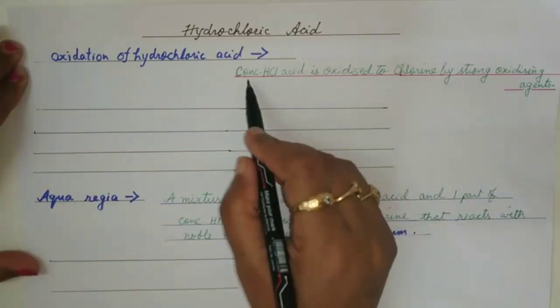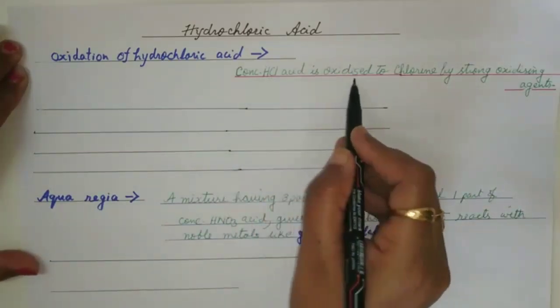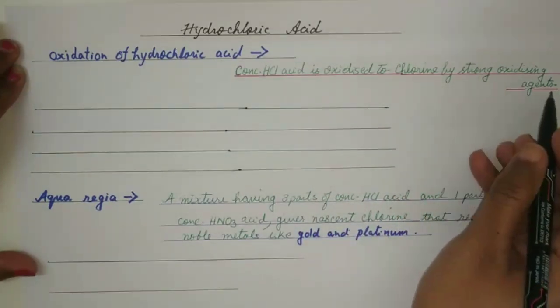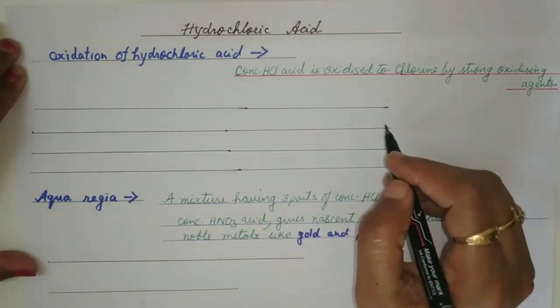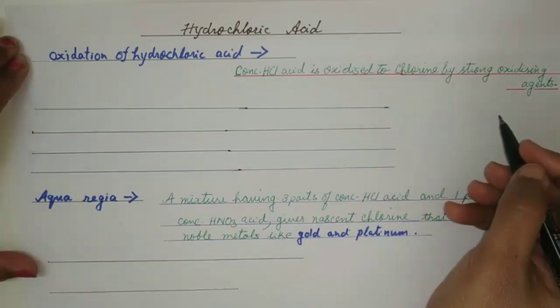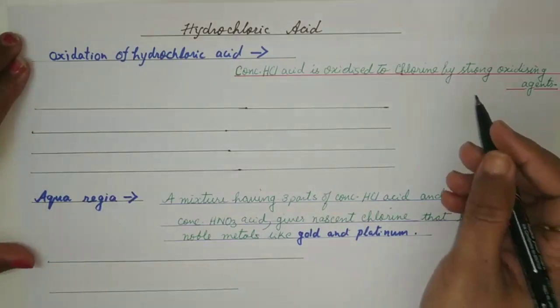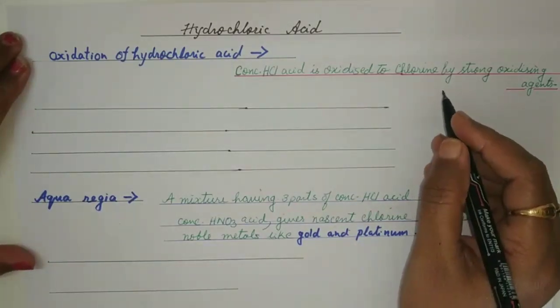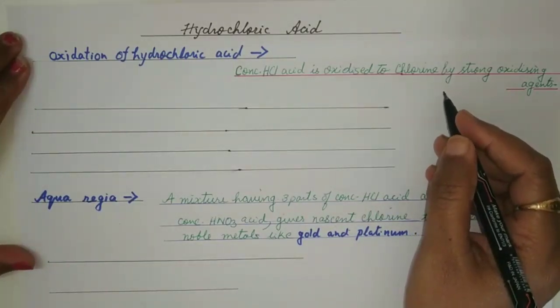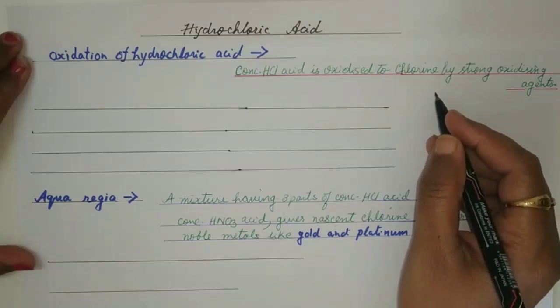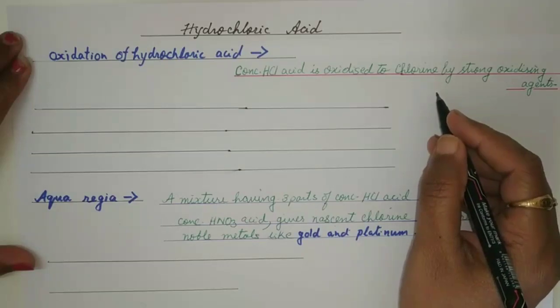So conc HCl can be oxidized to release chlorine gas by strong oxidizing agents, giving you salt and water also. Some of the oxidizing agents are manganese oxide, lead oxide, red lead, that is Pb3O4, bleaching powder, calcium oxychloride, potassium permanganate, potassium dichromate.